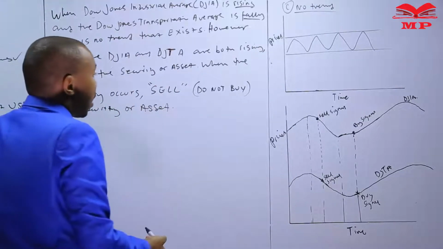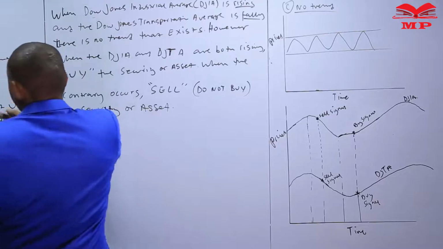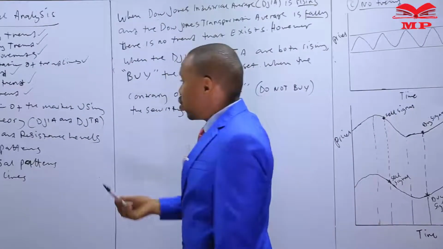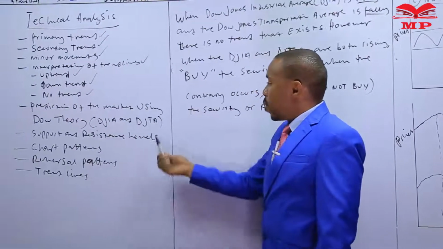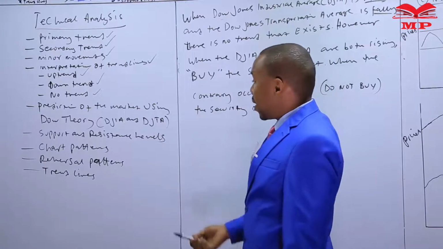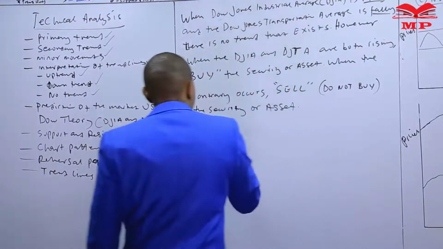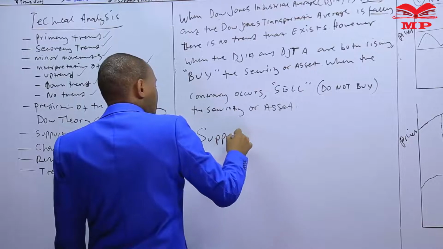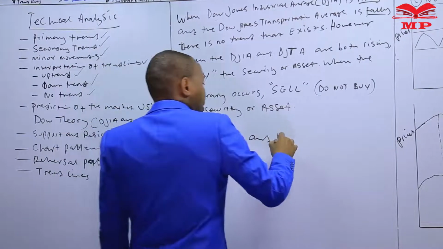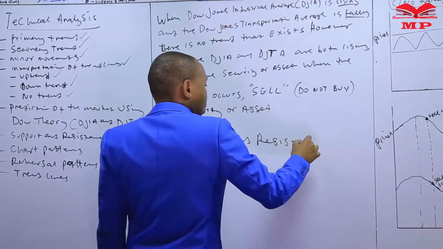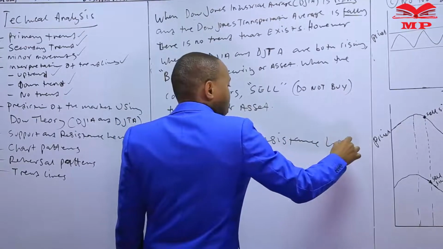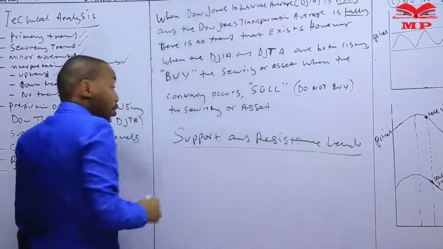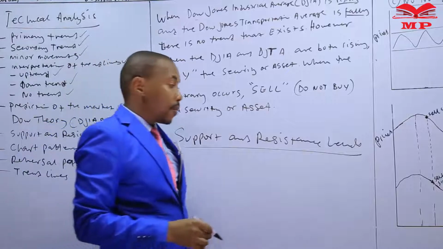Now, having looked at the prediction of the market using the Dow theory, we can move on and look at the support and resistance levels as used in technical analysis.